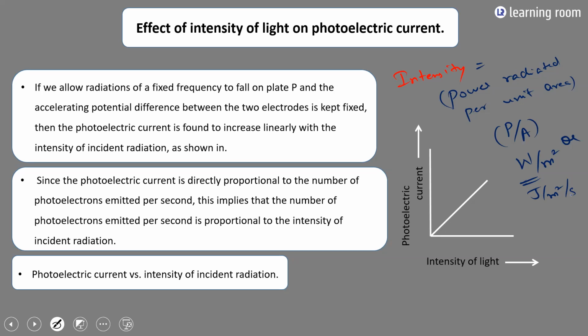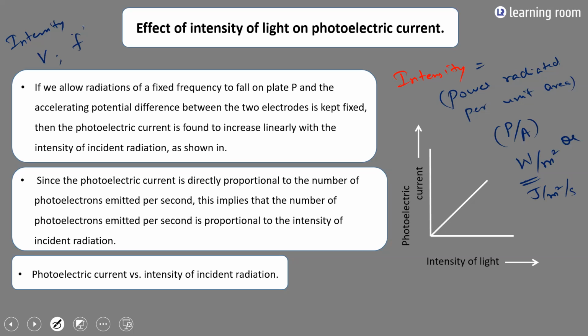These are the three parameters which can impact photoelectric current. So when you're trying to study the effect of one of the parameters on photoelectric effect, the other two parameters are kept constant. So this is the first technique to be kept in your mind.